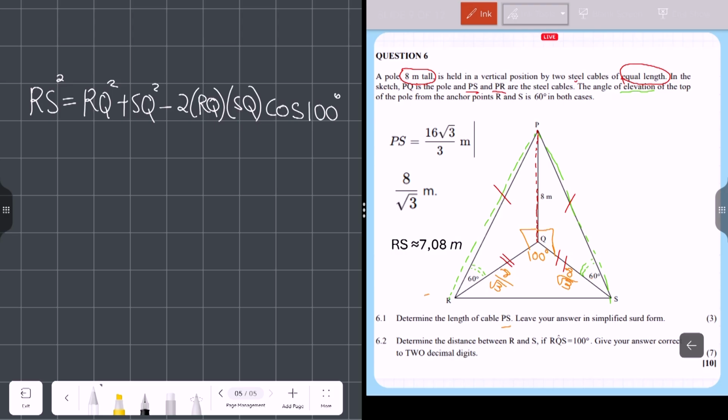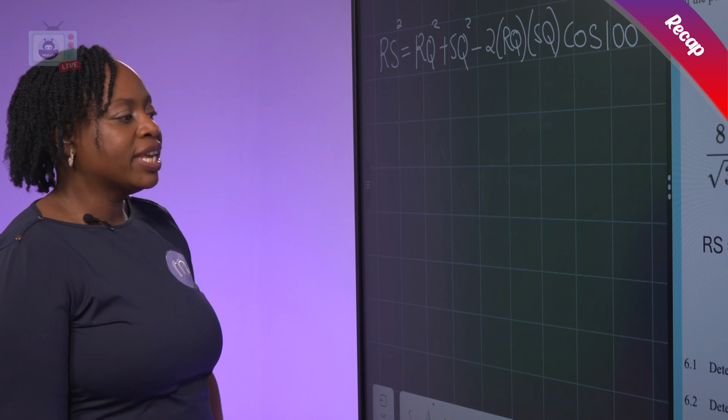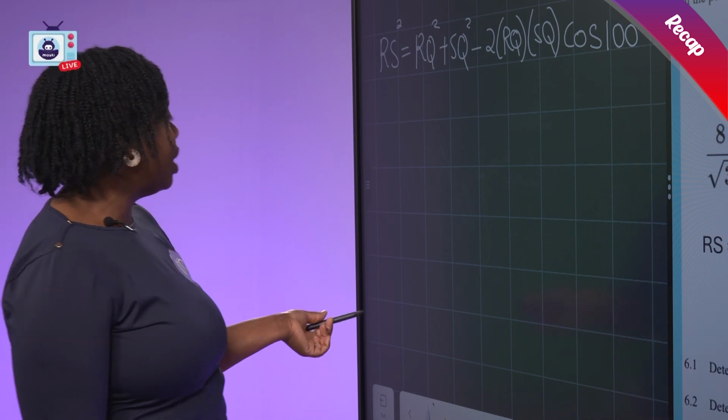We have our equation like that, and we can then substitute what we have.